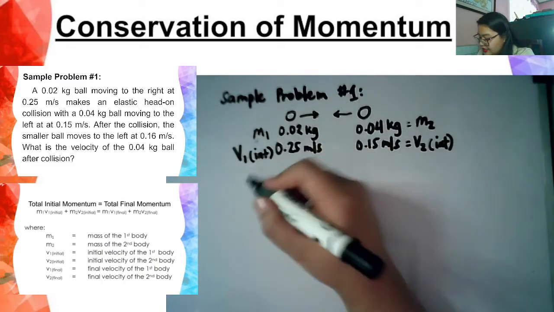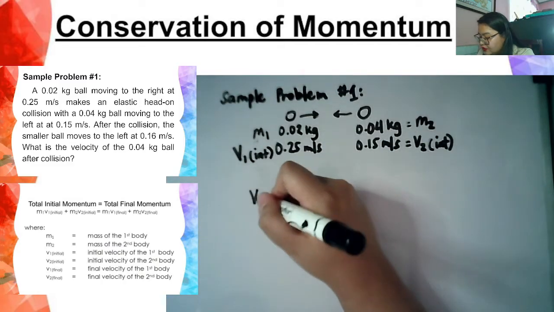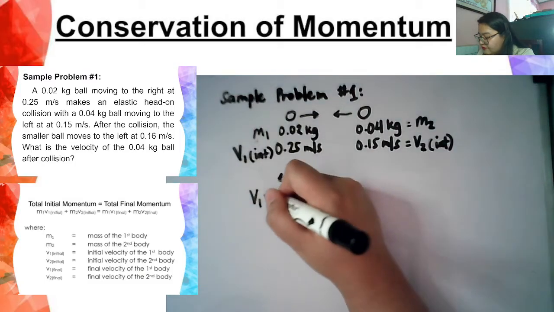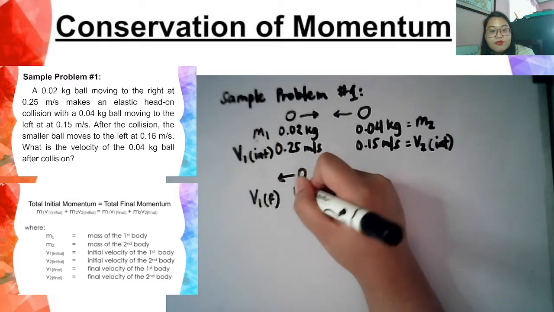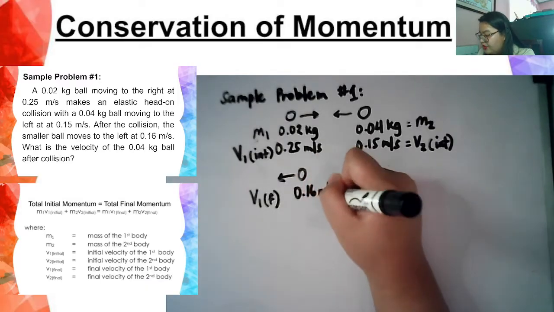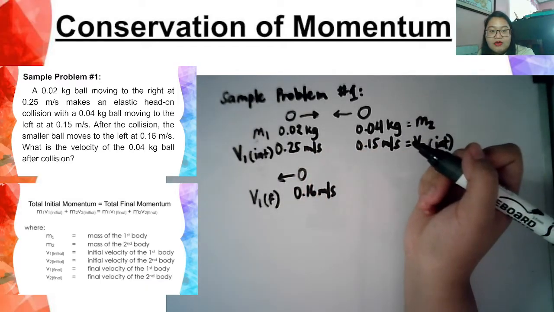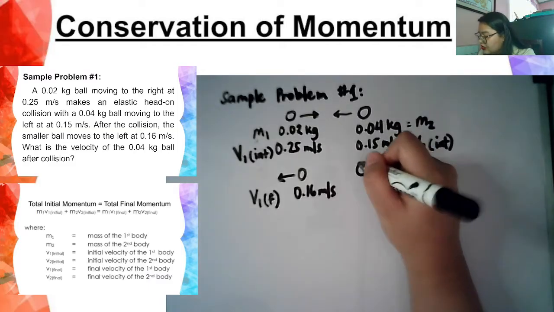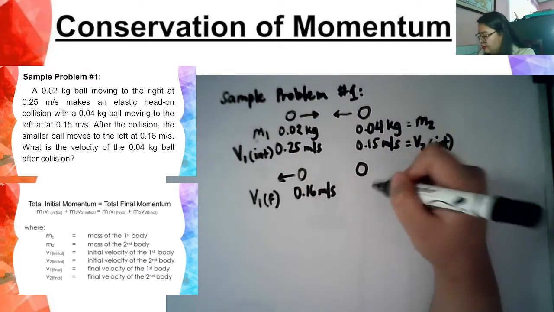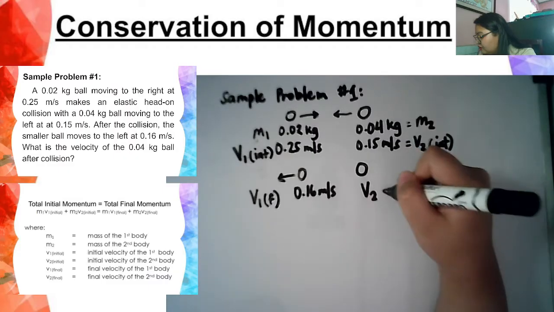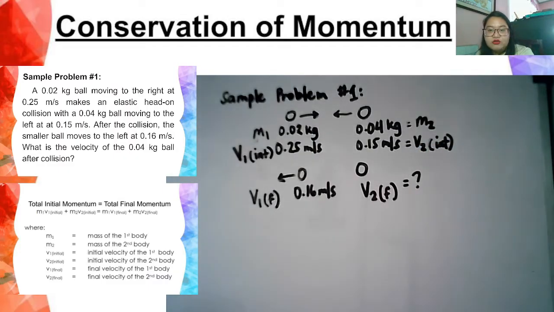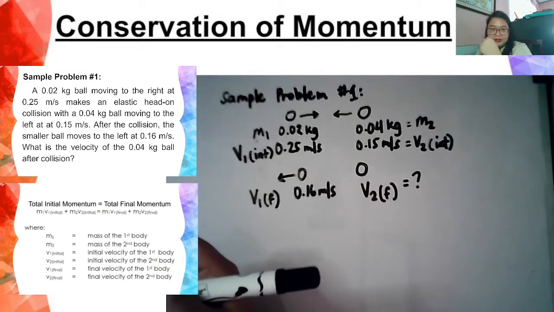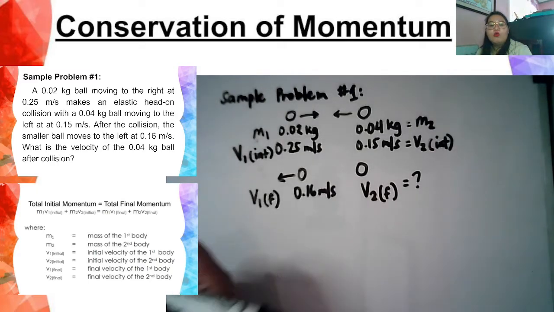So, ang kanyang final velocity, v1 final, is 0.16 meter per second. Now, ang tinatanong ngayon, itong velocity nitong pangalawang bola. What is the final velocity of the second ball? Yun po yung ibig sabihin nung nasa problem number 1.